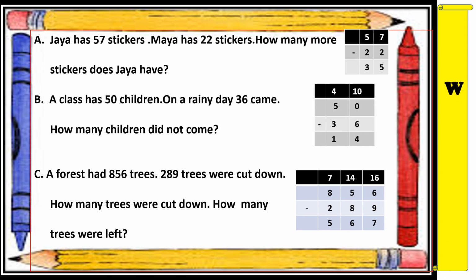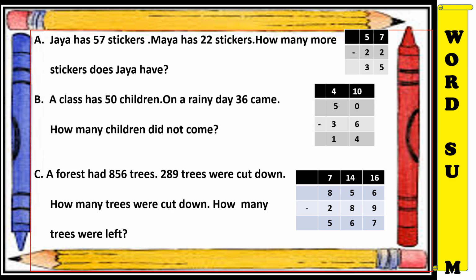Let us do some word sums. A. Jaya has 57 stickers. Maya has 22 stickers. How many more stickers does Jaya have?